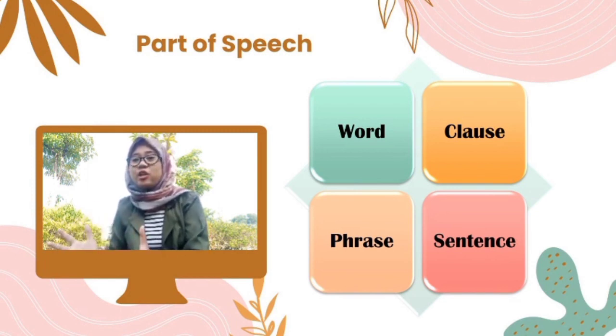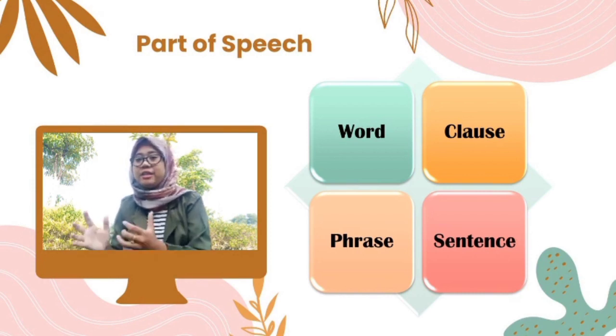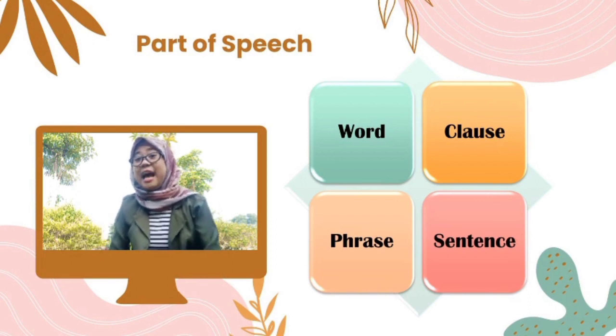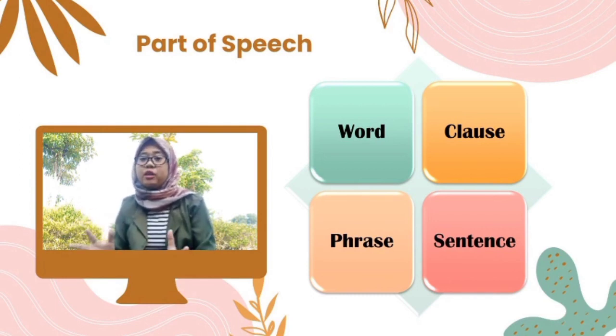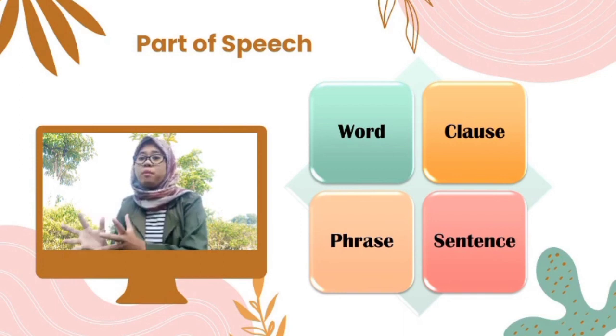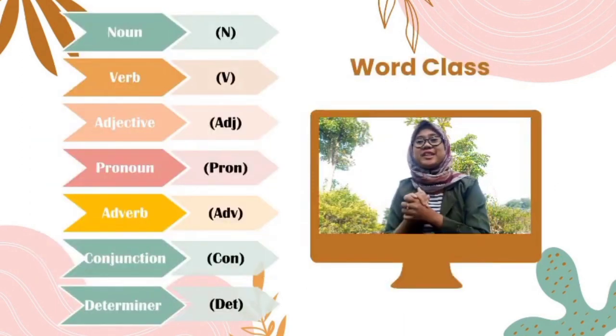A clause is a grammatical unit that at least consists of a subject and predicate and is a potential sentence. A clause is a collection of words that has a subject that is actively doing a verb. And a sentence is a unit of language that is relatively self-contained, has final intonation patterns, and actual or potential contents of clauses.